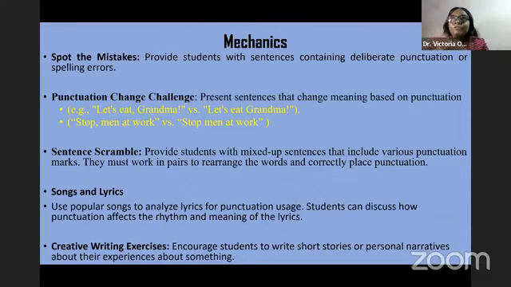So when it comes to parts of speech, when it comes to issues about mechanics, when it comes to issues about tenses, etc., we have ways that we can use to contextualize it. We wouldn't want to think that these are too abstract, isolated things.